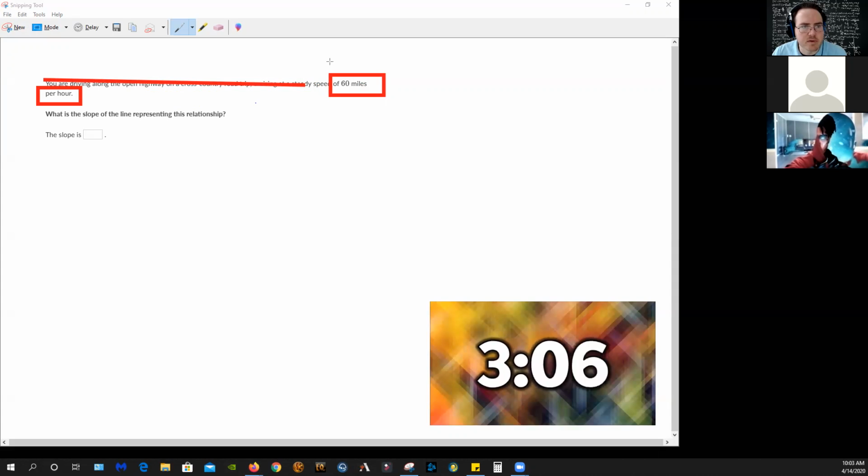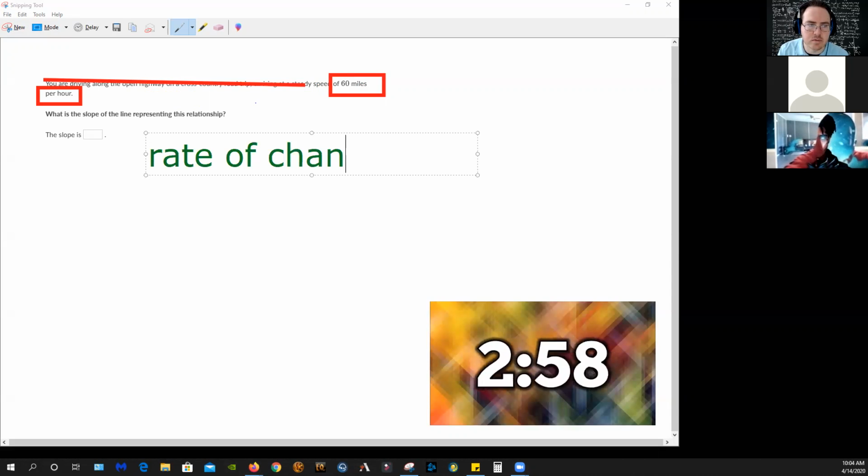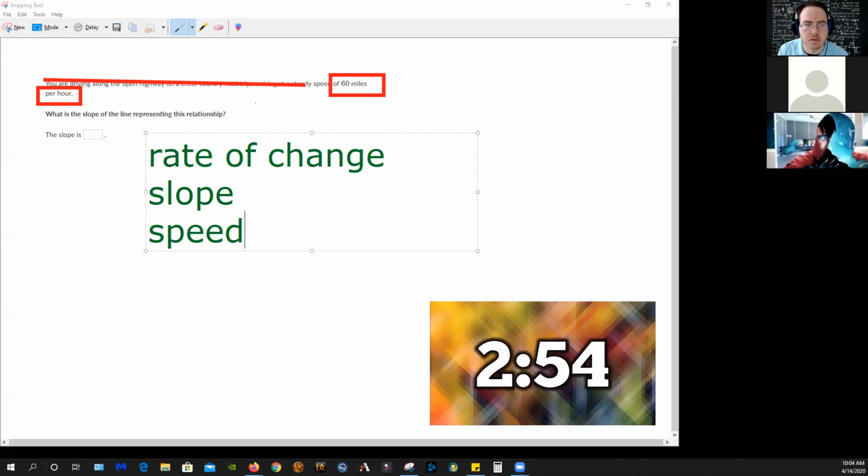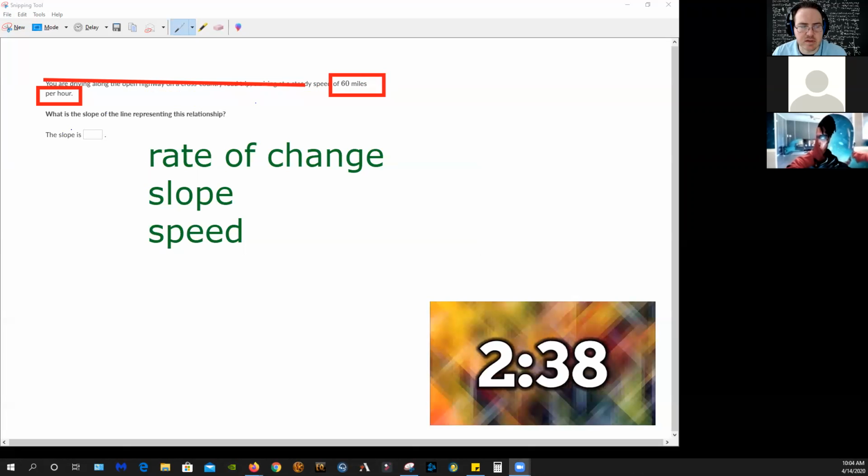Basically, what this question is asking you to understand is that the rate of change, slope, speed, they're all the same thing. So understanding that, I'm pretty sure the answer is just going to be 60.